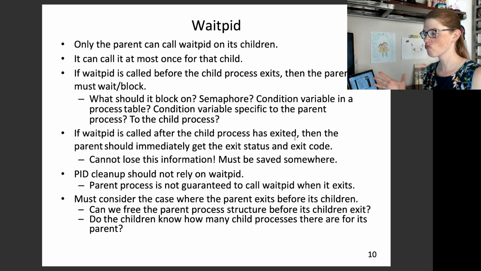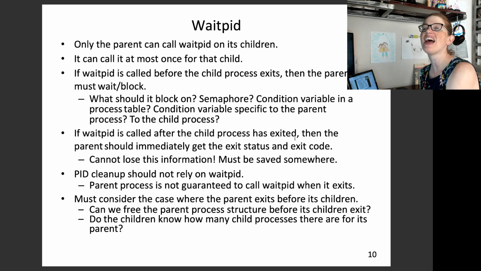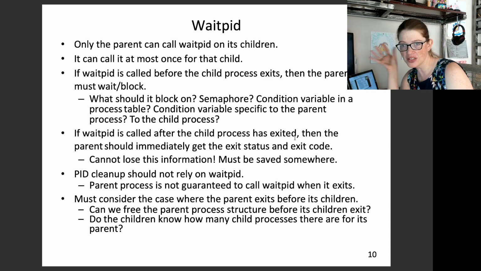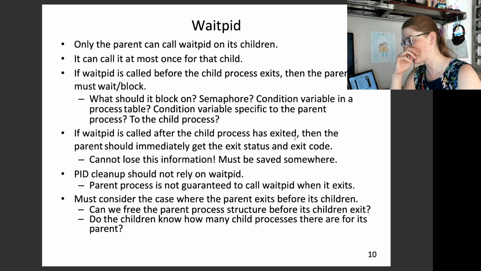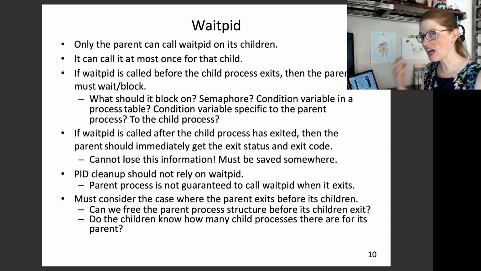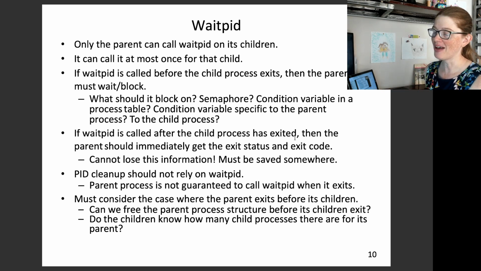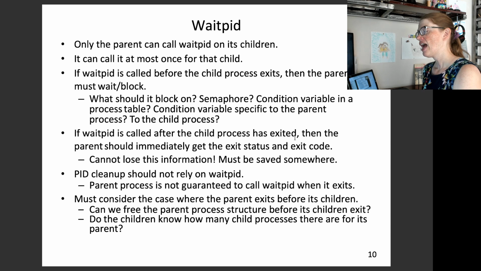So, some details. You're going to need the parent process to be able to check the status of all the child processes, which means that the parent process is going to need to acquire the locks of the children in order to check their status, if that's how you've implemented the parent-child relationship. You don't have to do it that way.